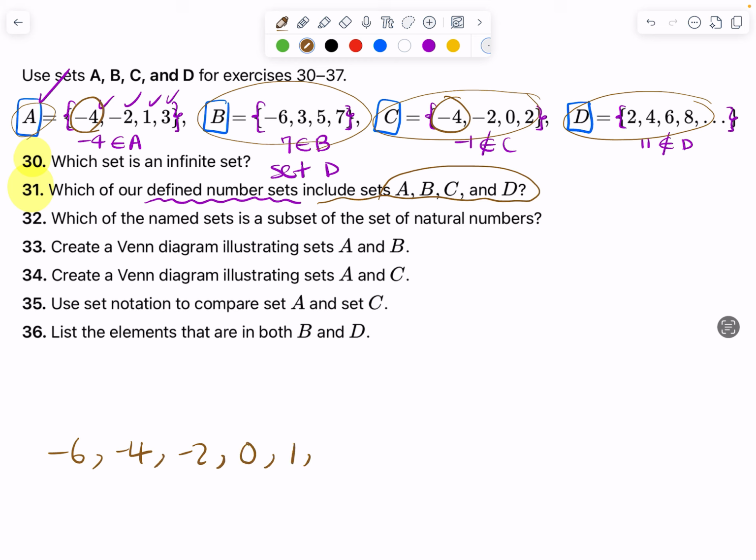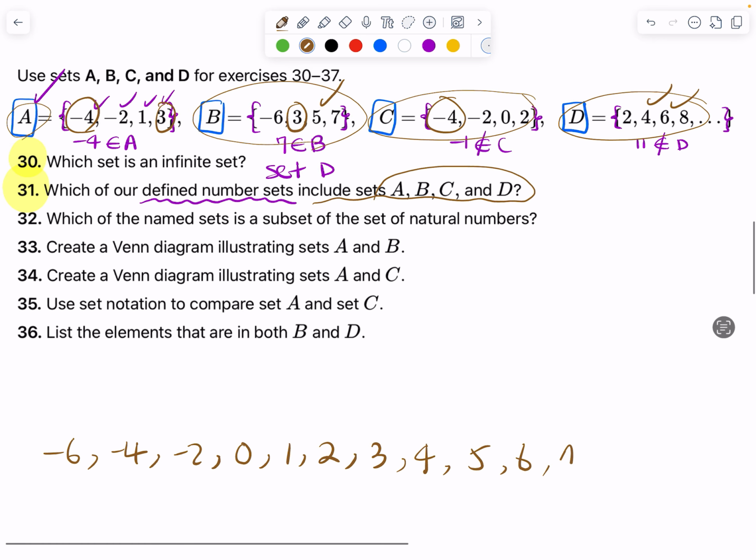I also see 1, 2, and 3, and 3 is repeating, that's okay. 4 is right there, then 5, then 6. Is 6 repeating? I don't think so. 7 is there as well, and 8, and that's about it.